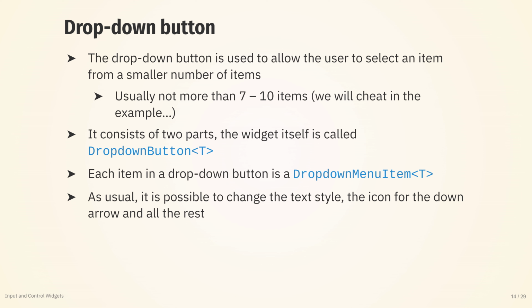It should really not be more than 7 to 10 items, but we will cheat a little bit because I wanted more. It consists of two parts: the widget itself, which is the drop-down button, and then we have the drop-down menu items. And with that, we will move over and look at the example for this.